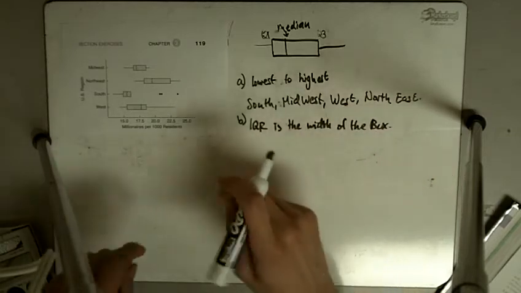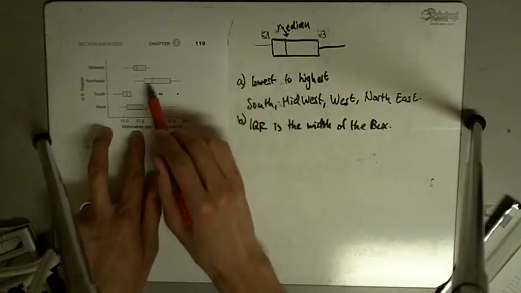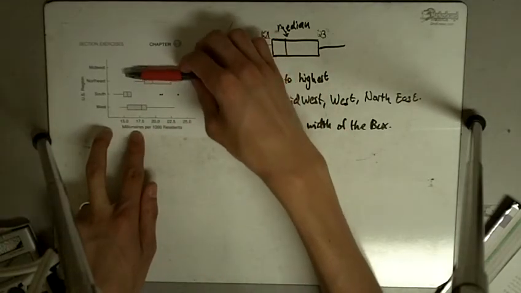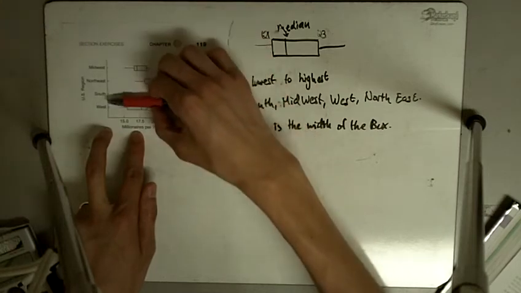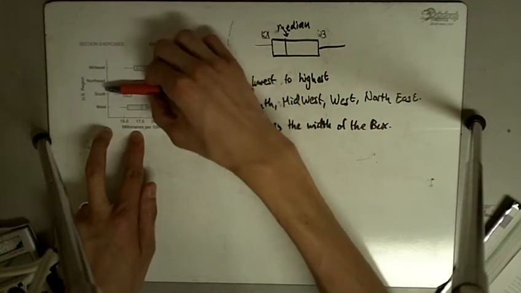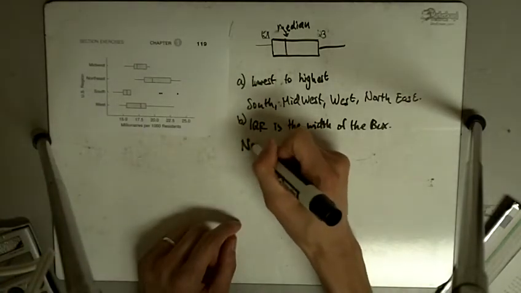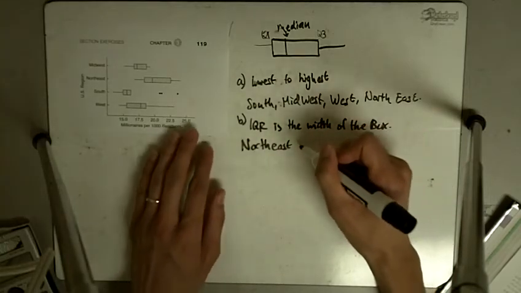Here the widest box seems to be the Northeast region. If I look at just the red part here, it seems to go from there to there, and that seems to be wider than any of the other boxes. So the Northeast has the widest box, so it has the largest IQR.